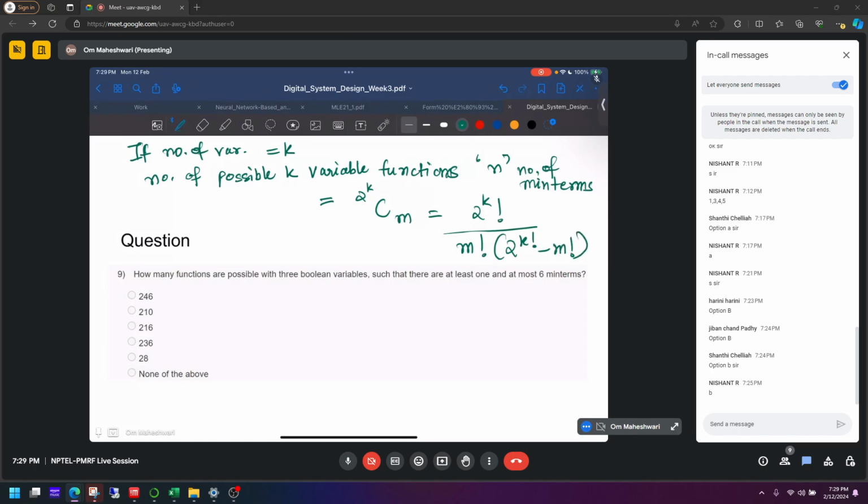Okay, this is combination in mathematics. So the number of k variable functions with n minterms is given as something like this, right?